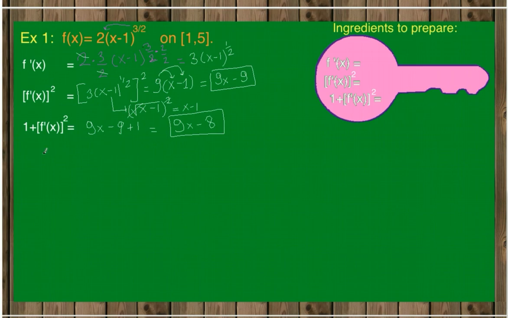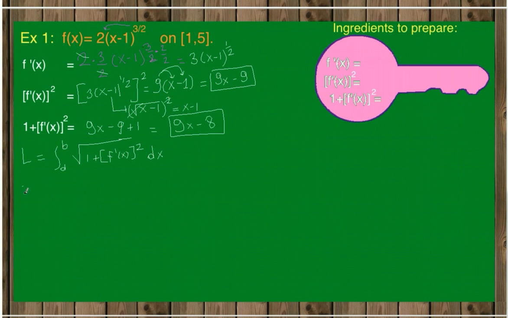So we can set up the integral. What was the integral? Length equals integral from a to b square root of 1 plus f prime of x squared dx.